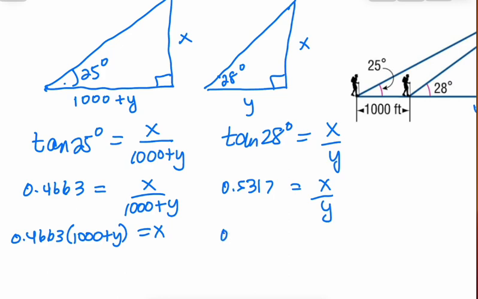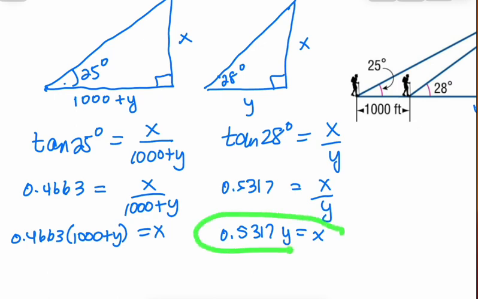And here I get 0.5317Y is equal to X. Now, both of those equations are related to X. So the rule of thumb, because of substitution, I know that X is equal to 0.5317Y, so I can just put it right there. And then the only variable in my equation will be Y. So let's take this information and let's put it right there, okay?